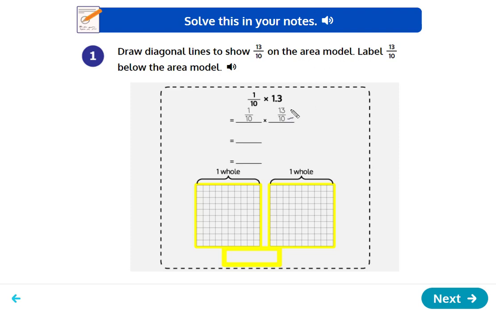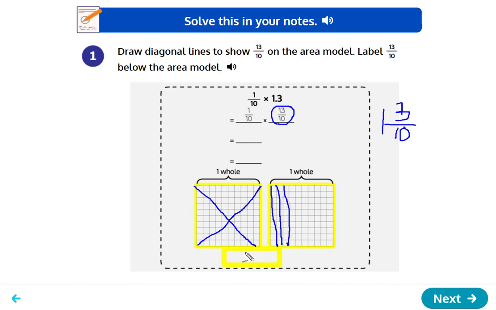So remember, 13/10 is really a mixed number, and this will help you out with this. So it's 1 3/10. So that's the same as one whole. We're going to double shade this later. And 3/10. So this one, and this one. And then the whole thing is 13/10.